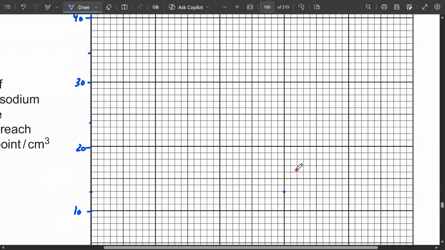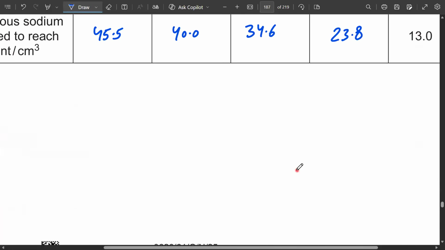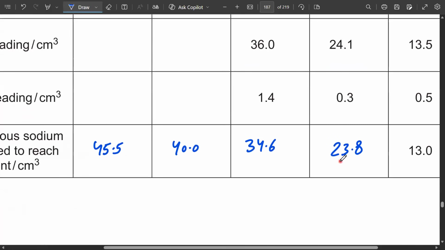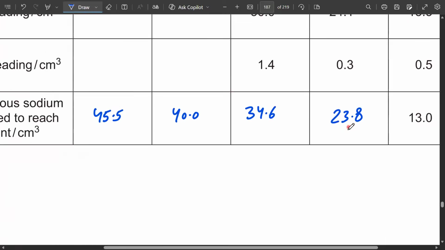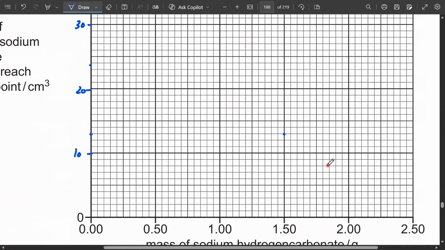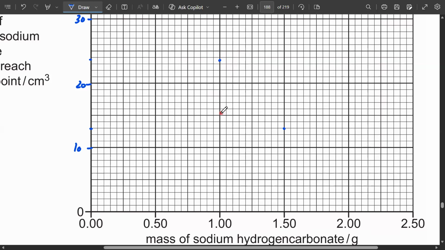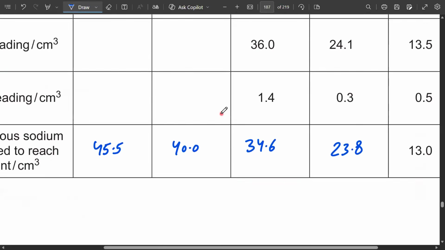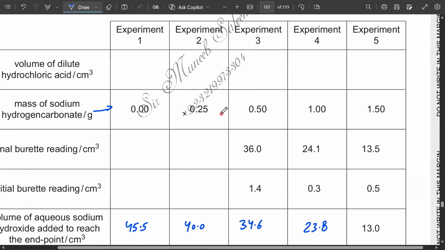So for experiment number 4, 23.8 and 1. This is 23.8 and this is 1. And then 0.5 with 34.6.